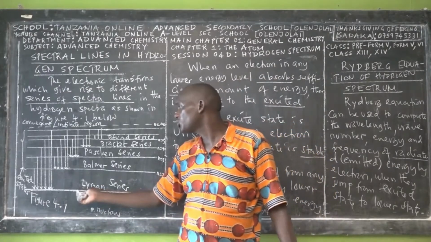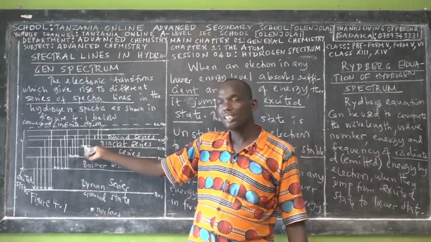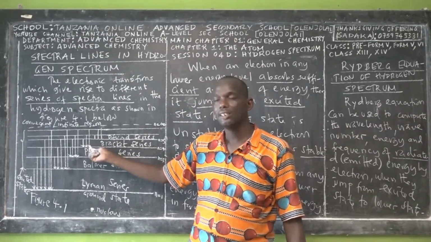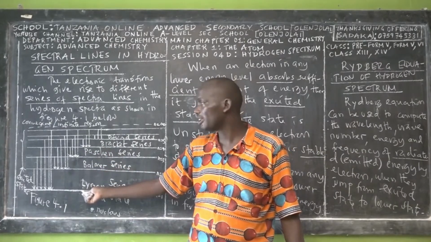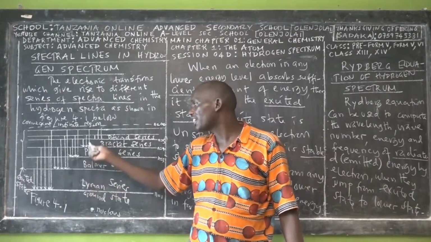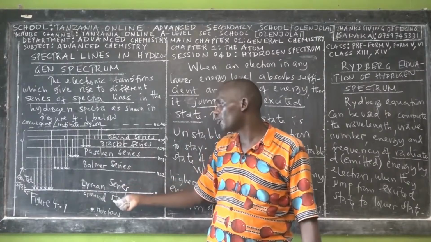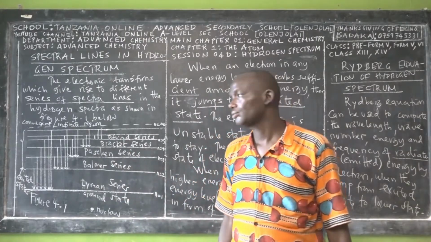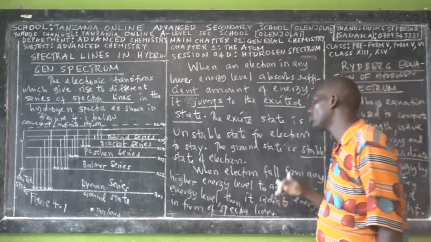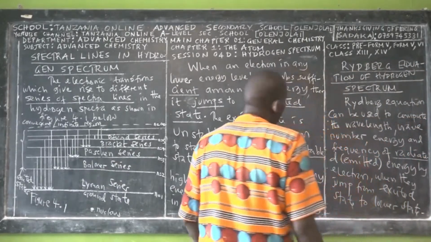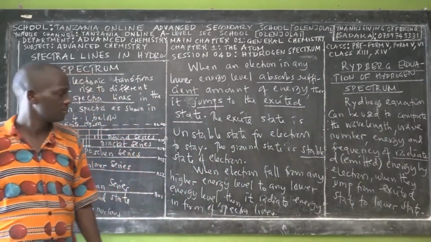Again, when electrons absorb sufficient energy to jump from the Lyman series to the Brackett series, the electrons will never stay there. They return into the stable state, which is the Lyman series, radiating the energy they absorbed in form of light radiation. That's all about the excitation principles of electrons.